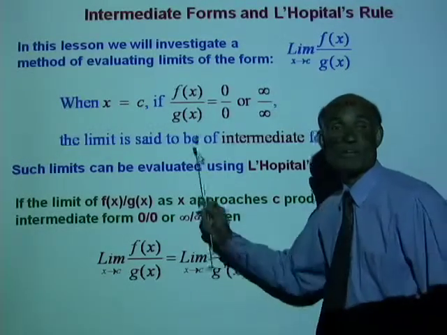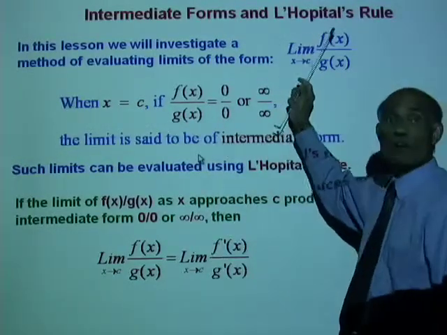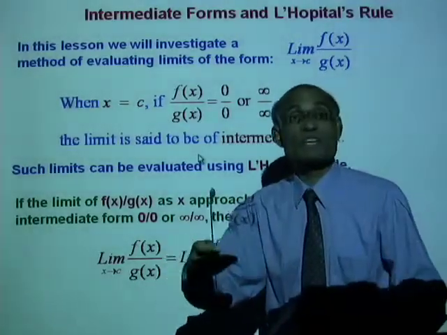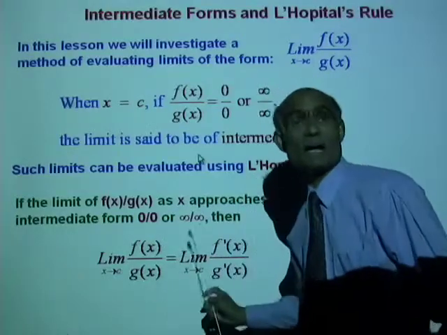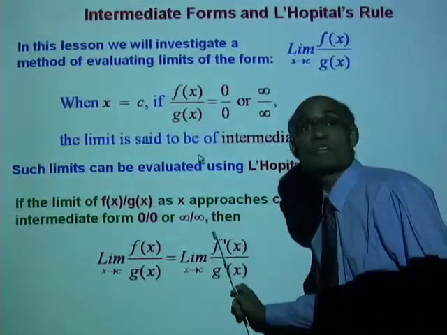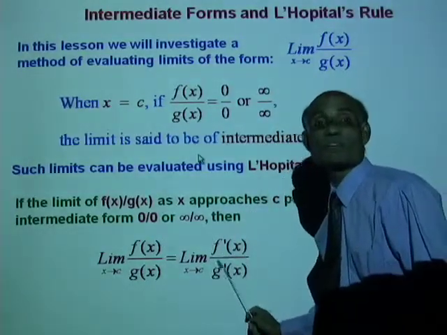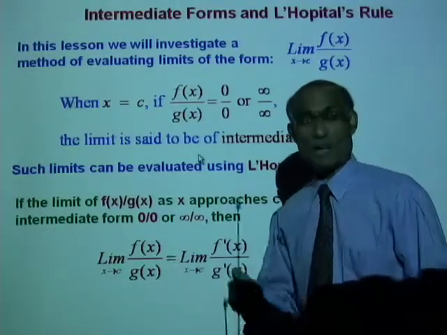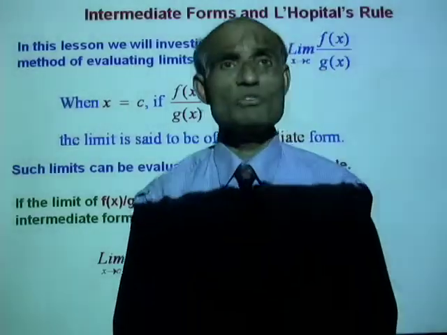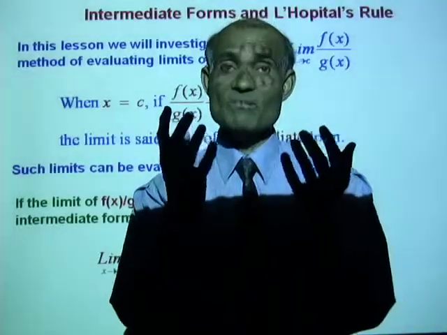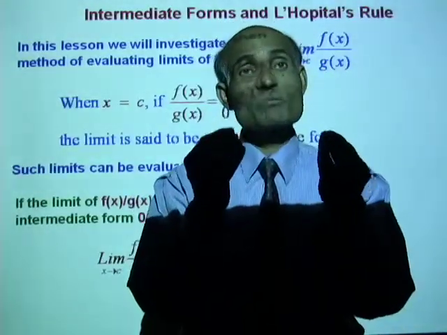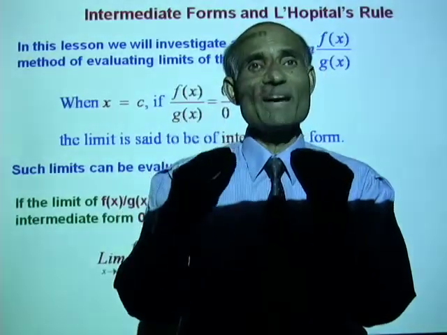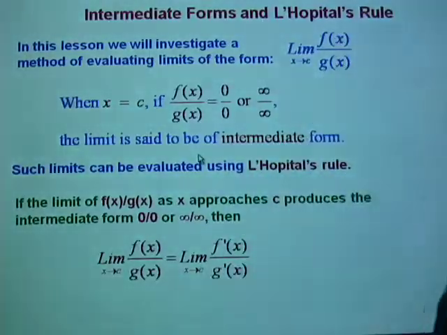In other words, the limit of f of x divided by g of x as x approaches c will remain the same as the limit as x approaches c of the derivative of f of x divided by the derivative of g of x. Now, for example, can you do this in your mind? In the beginning I told you, limit as x approaches 0 of sine x divided by x. Now let me write that down for you.